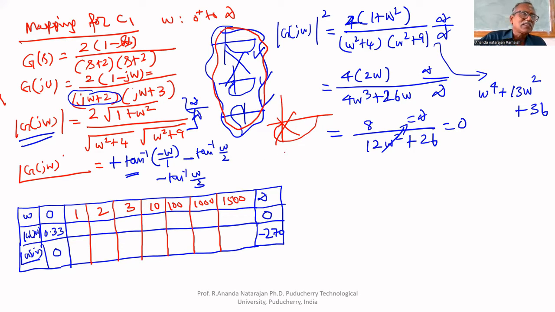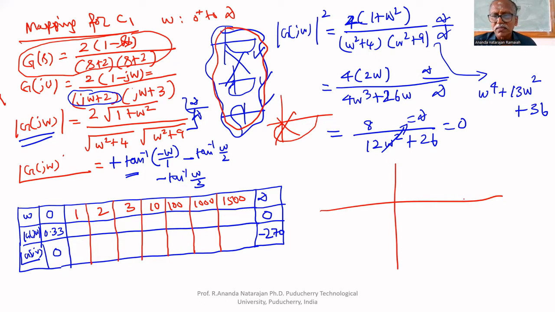Before that, where it crosses the negative real axis, that we have to find. Because the plot starts at 0.33 angle 0, and ends at the origin at minus 270.